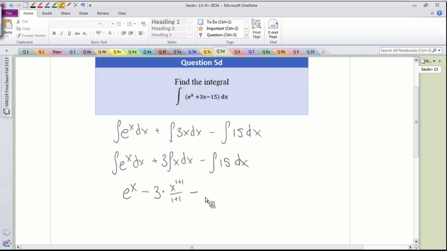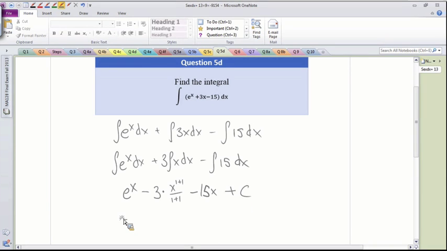The integral of a constant is just the constant times the variable with respect to which you're integrating, so 15x, plus the constant.